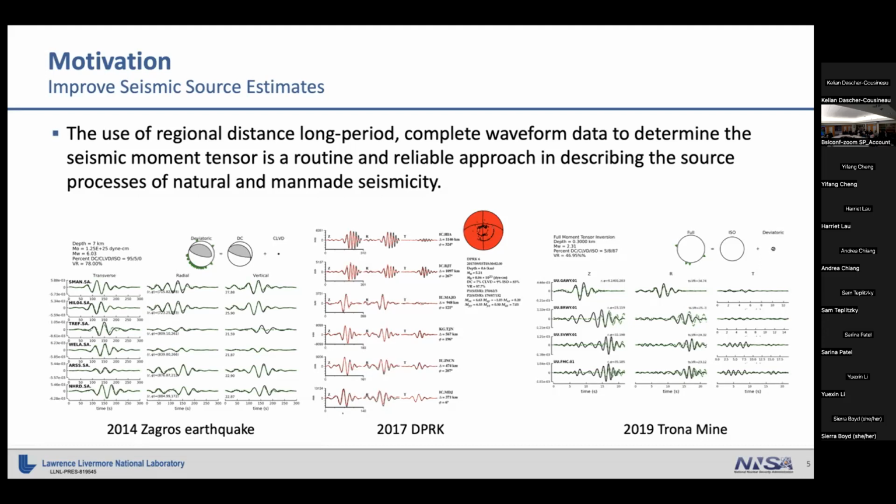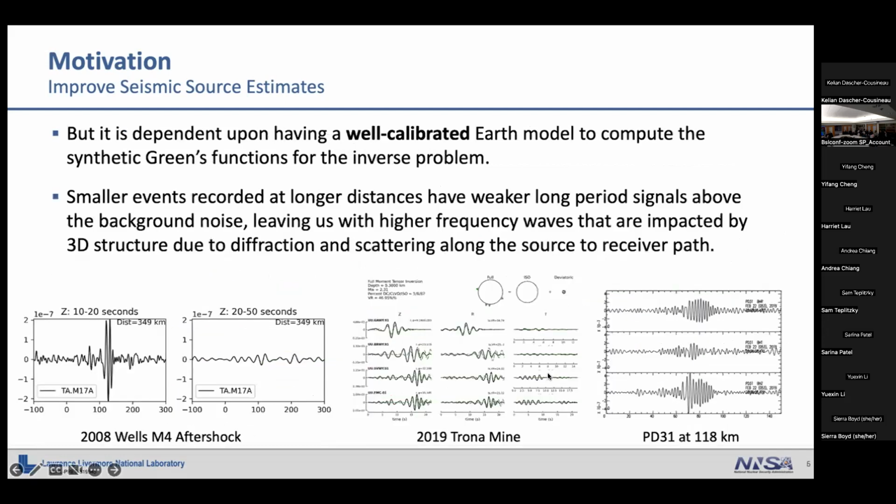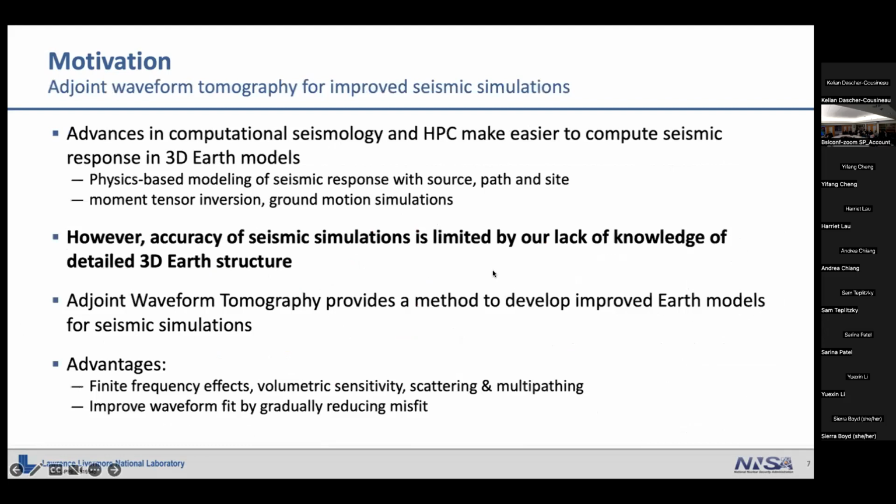We can use this to describe a variety of sources. One of the attractive things about this method is that we can use it to characterize not just earthquakes, but also explosions and mine collapses. Like the figure, let me see if I can turn on the laser pointer here. Oh, let me go back.